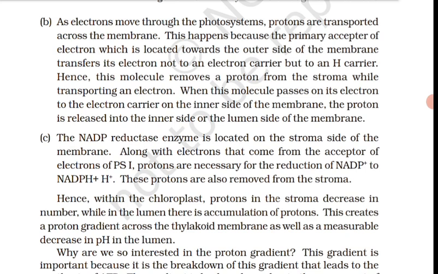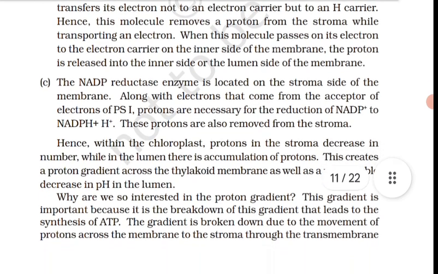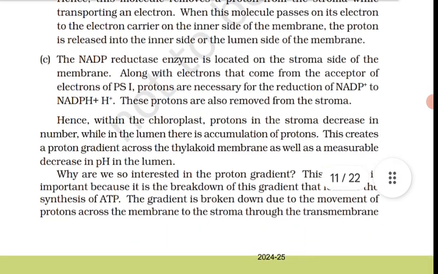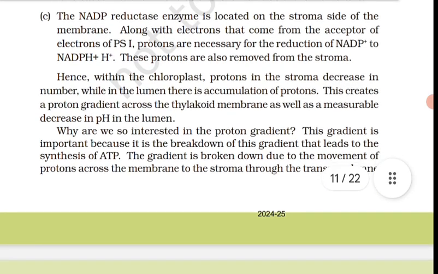These electrons are picked up by an electron acceptor, which passes them to an electron transport system consisting of cytochromes. This movement of electrons is downhill in terms of the oxidation-reduction or redox potential scale. The electrons are not used up as they pass through the electron transport chain, but are passed on to the pigments of photosystem PS1.